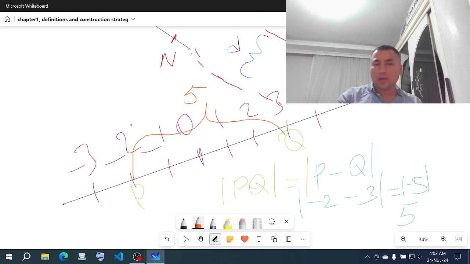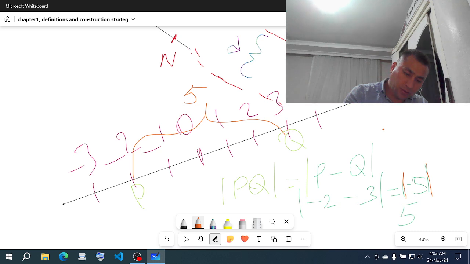Okay, and it doesn't matter if we do P minus Q or Q minus P, because we take the absolute value. And again, let me show you this with another.